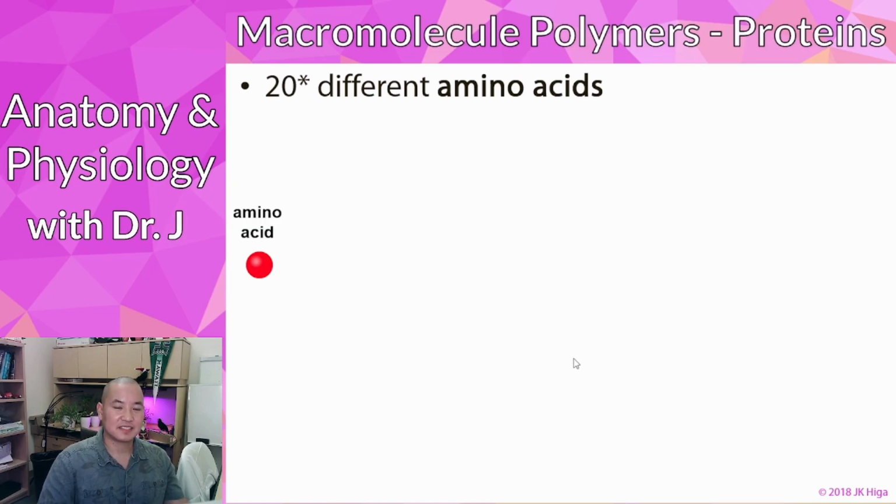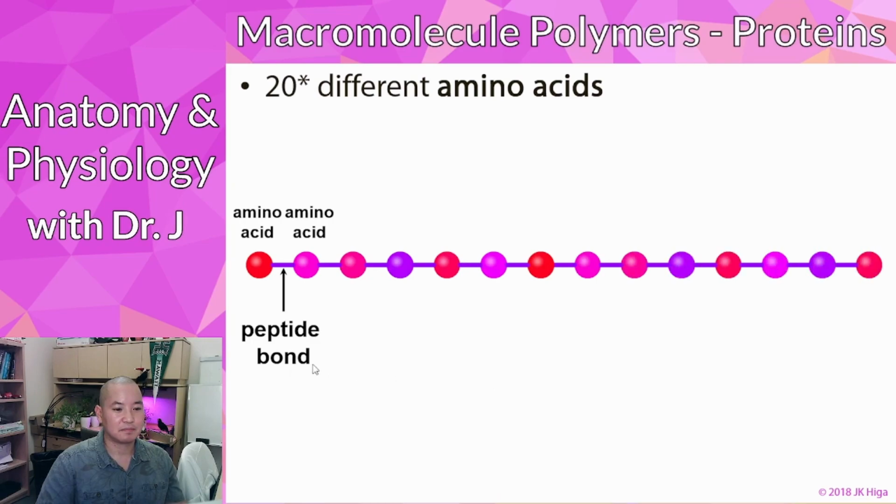You have these 20 different ones, and they can be daisy chained and linked together via peptide bonds. So here we have a peptide bond between two amino acids, and if you have a bunch of these together, you have many peptide bonds.